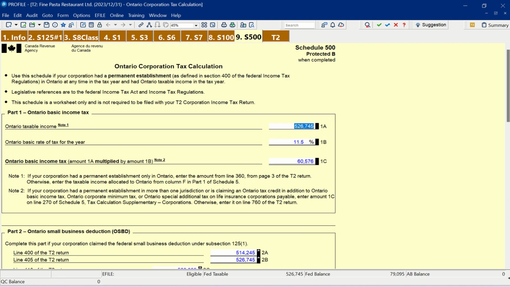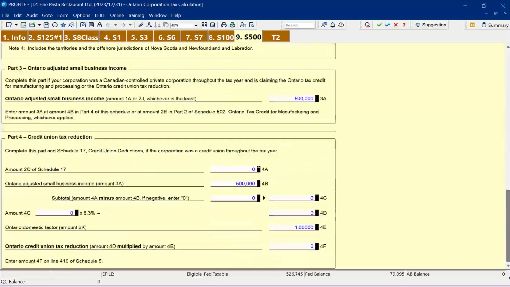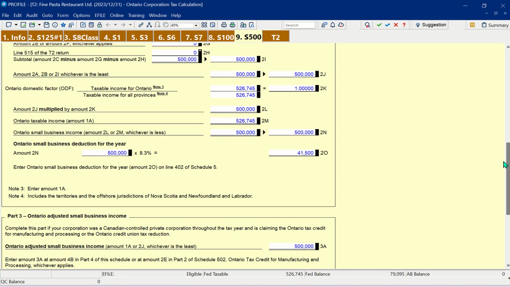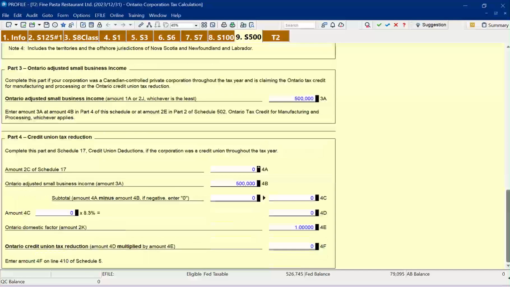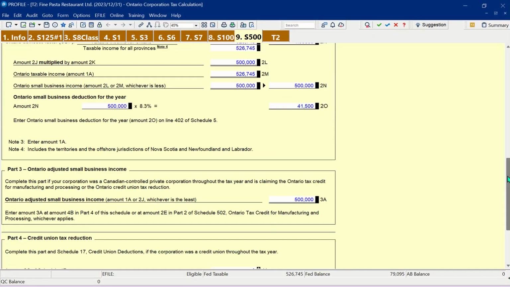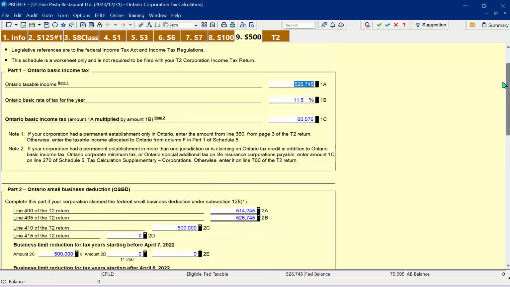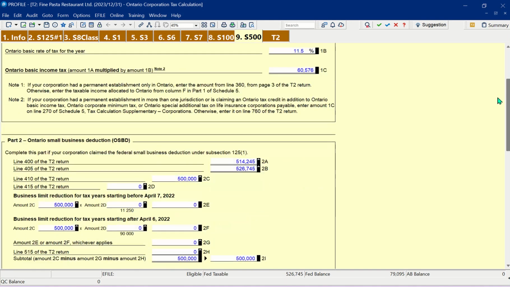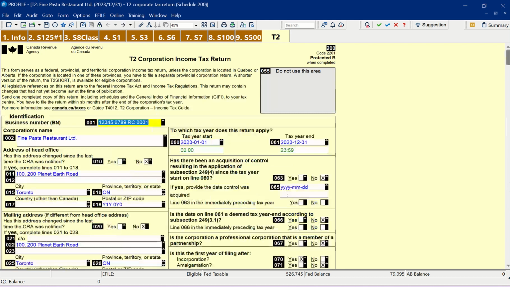Again, this is the Schedule 500 that shows the Ontario taxes. And then this is our T2.